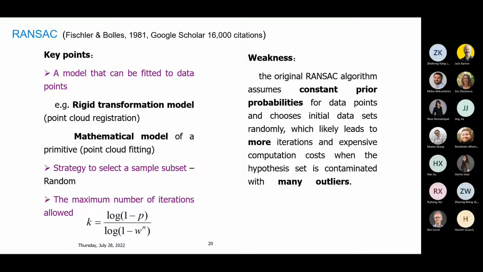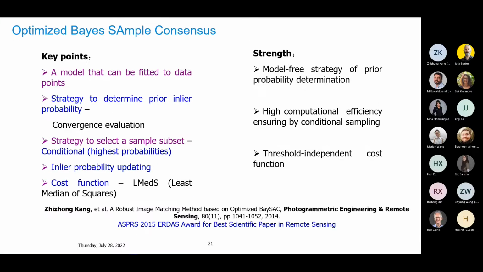So by considering weaknesses like this, we developed an optimized strategy for model detection from the point cloud. The algorithm we call the optimized Bayes sample consensus, we call it BASAC, optimized BASAC.